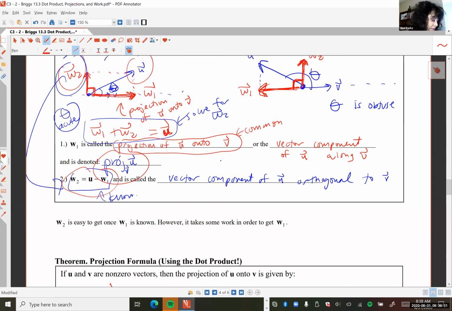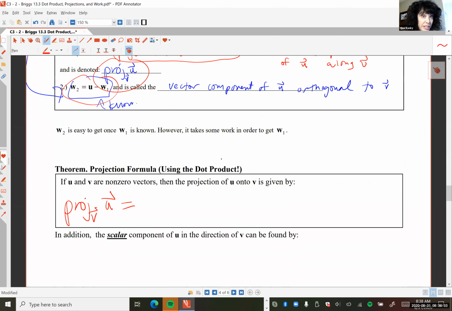And one of the things I hope you got from last week's material is that when two vectors are parallel to each other, one is a scalar multiple of the other. So this projected vector is simply a scalar multiple of the vector V that's on the ground.